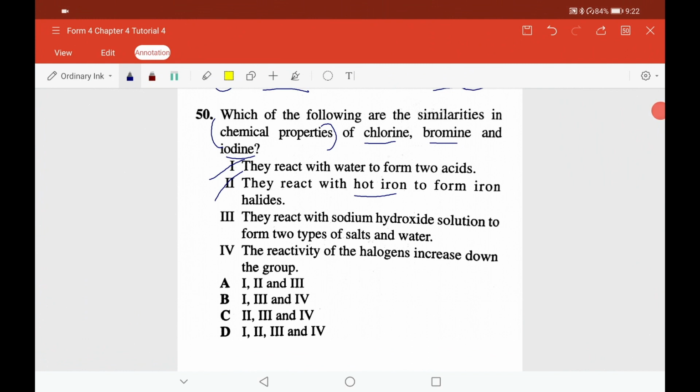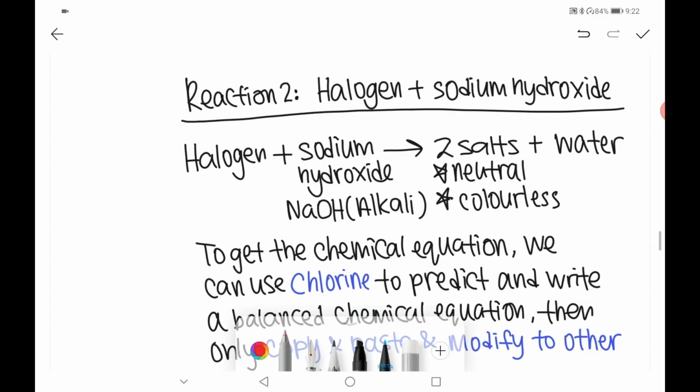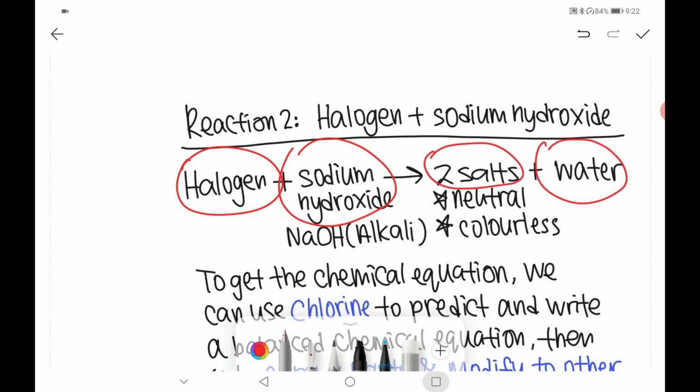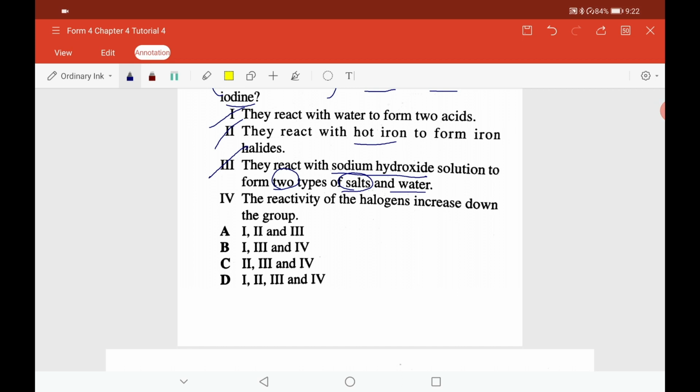Number 3, they react with sodium hydroxide to form two salts and water. So this is also correct, because when halogen reacts with sodium hydroxide, it will form two salts and one water. So this is correct.